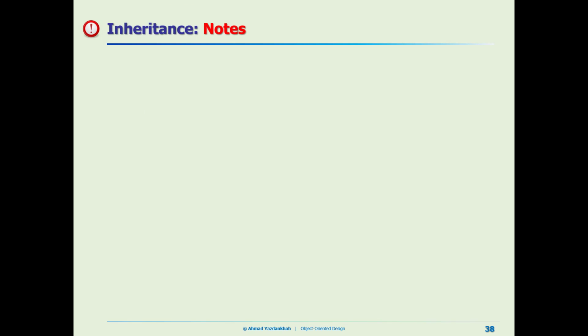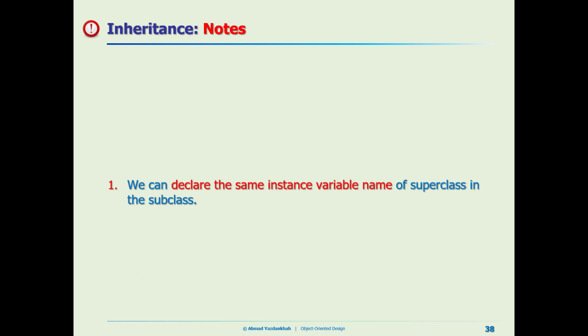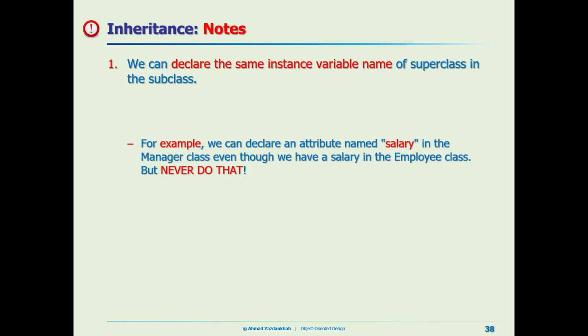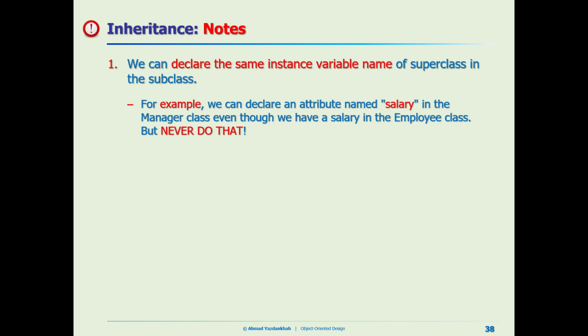Okay, so let's see what we got here. We can declare in the subclass an instance variable whose name is exactly the same as a variable in the superclass. We can do that, but never do that. It's not a good idea, right?